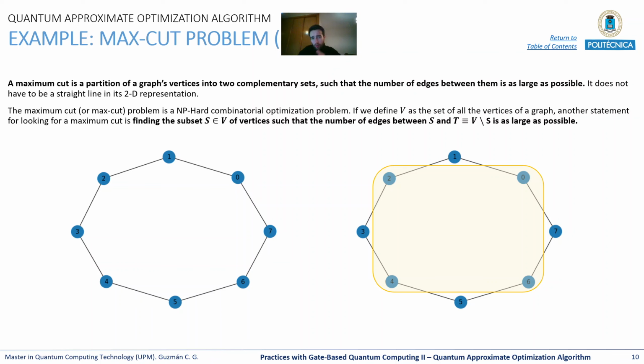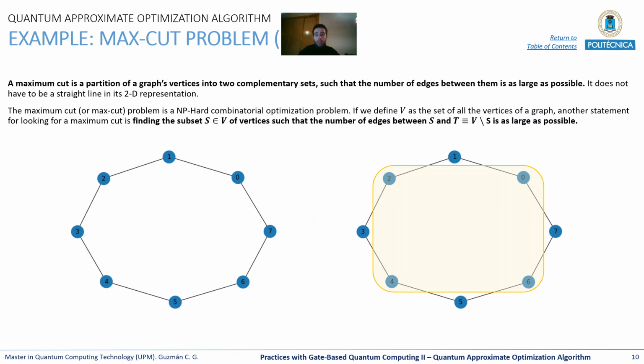Another definition for the maximum cut problem is the one in the second paragraph. If we define V as the set of all the vertices of a graph, we can look for the subset S, part of V, such that the number of edges between S and T, that is the rest of the vertices that do not correspond to S but belong to V, is as large as possible.